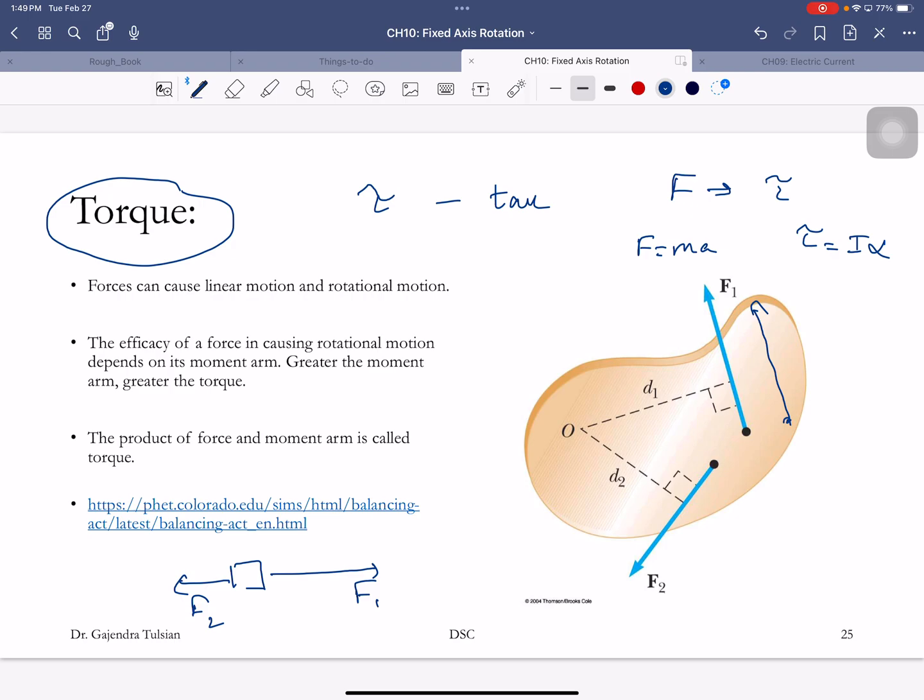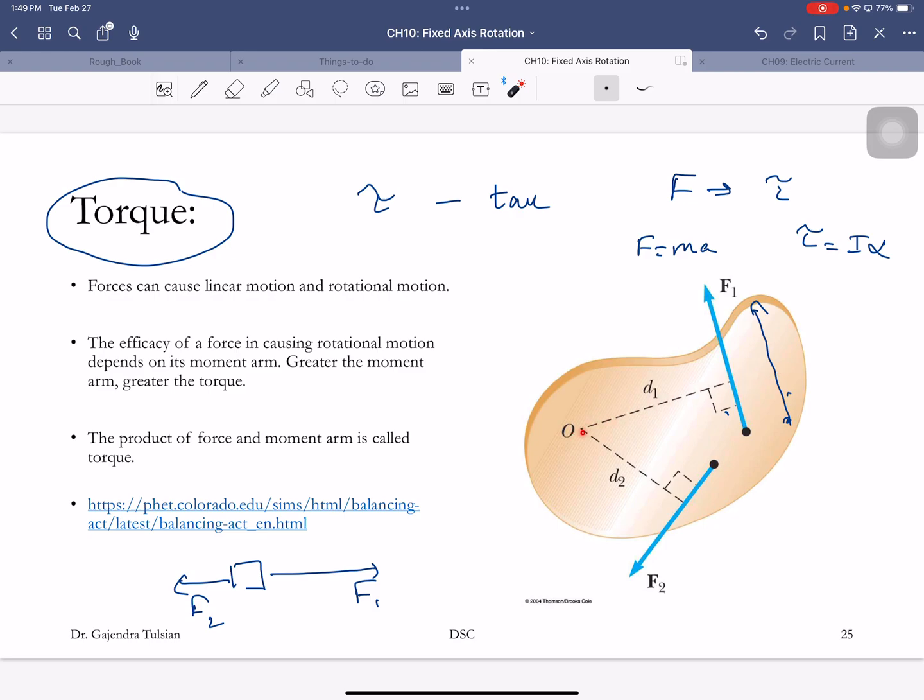The magnitudes of the force are the same. This one is not there, I just moved it further out. Will it still not rotate? It'll rotate this way, because it's further.